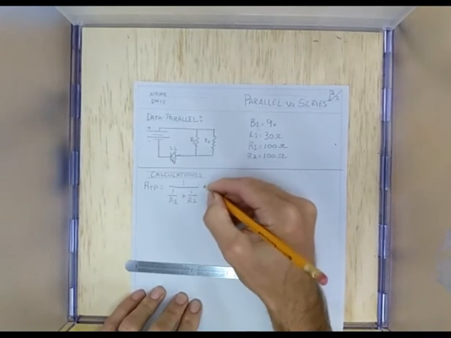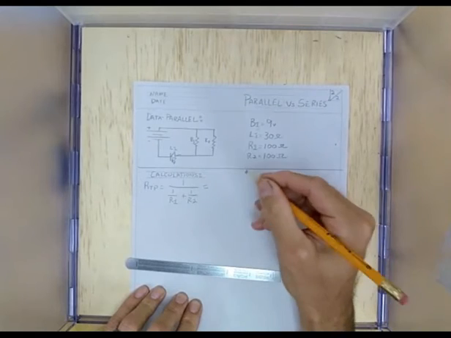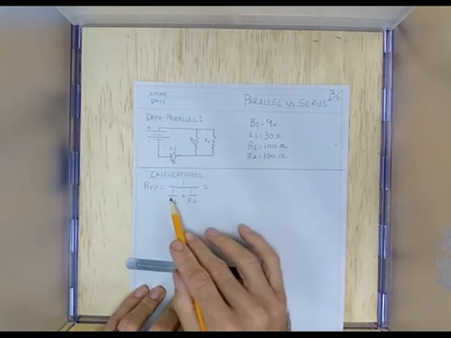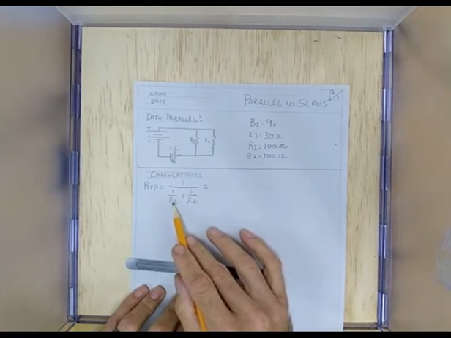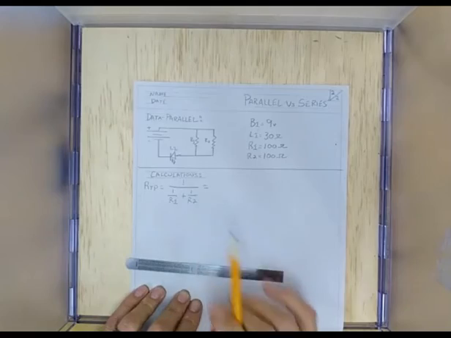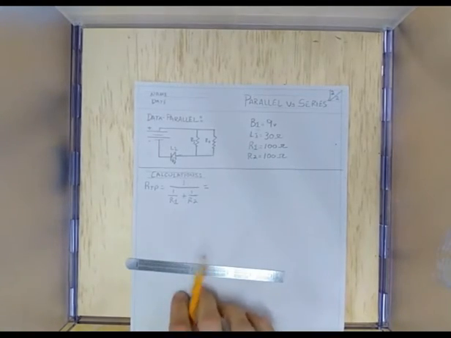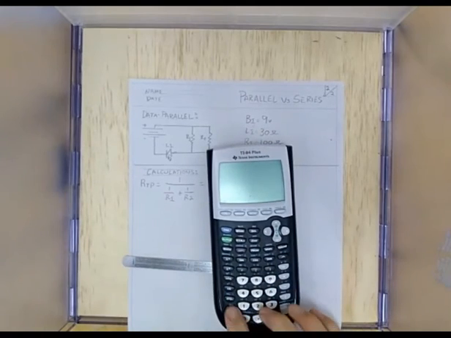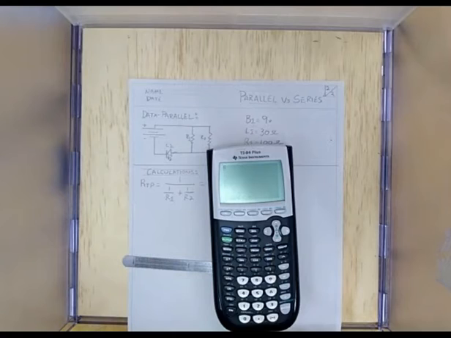Okay, this is a little bit different. So it equals 1 over, 1 over 100 plus 1 over 1,000. So I'm going to bring in my calculator, okay? And I'm going to do this a little bit different.